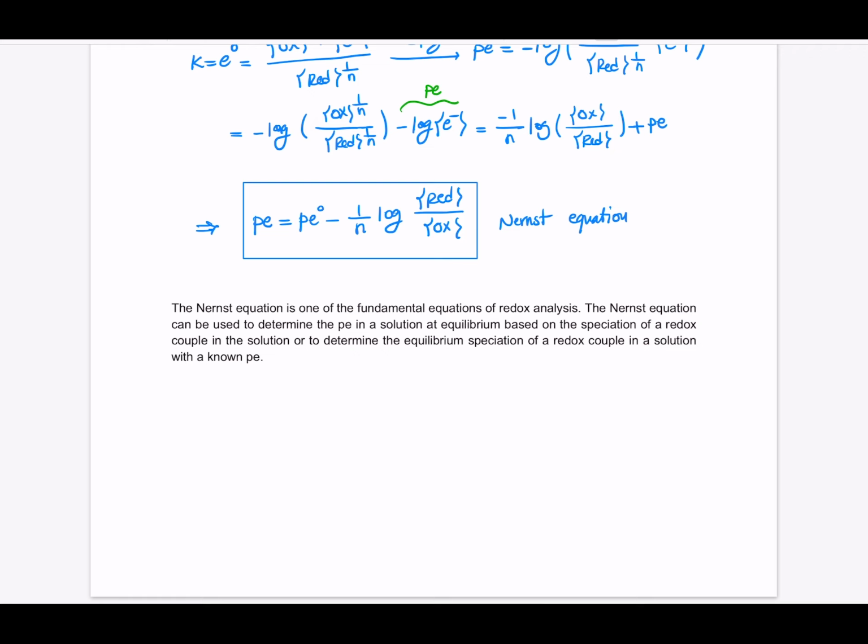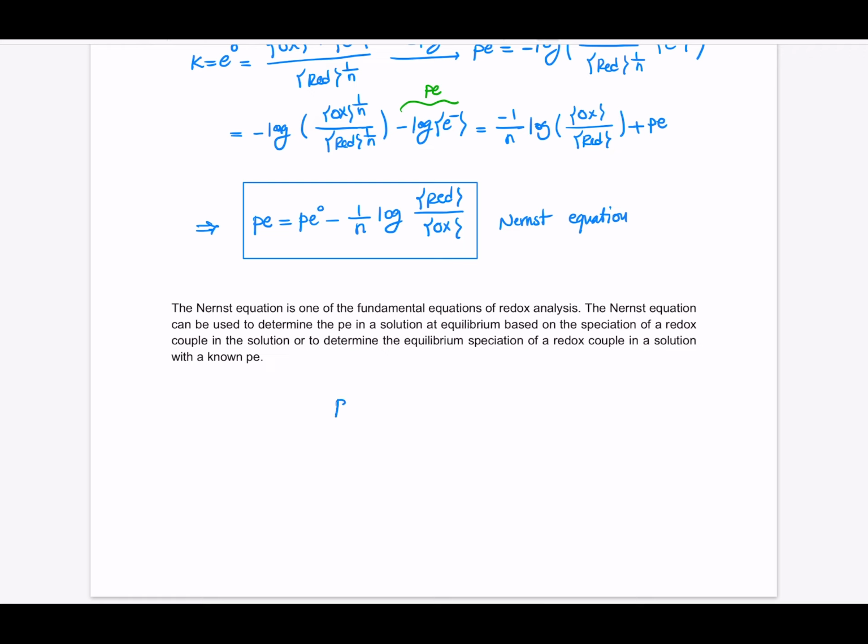So, for example, if we know what's the activity of electron in this solution, and if you add some redox species, then that activity of electron would dictate the speciation between the two. Or if you added the speciation, it would eventually dictate the activity of electron.